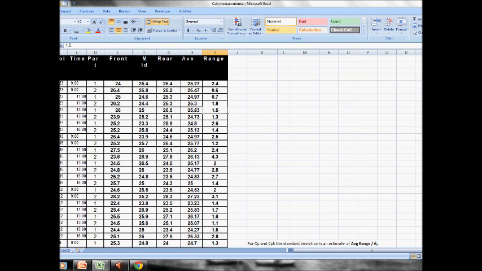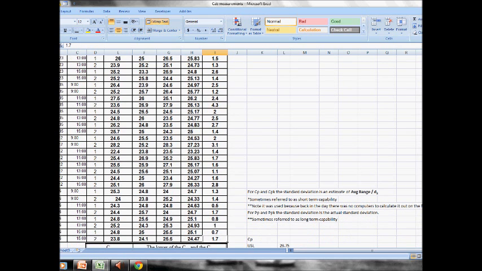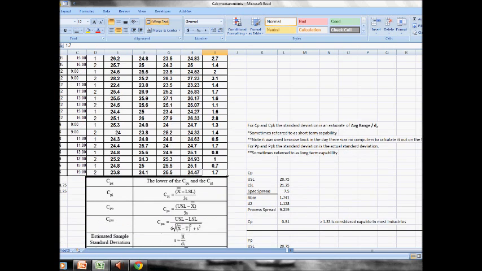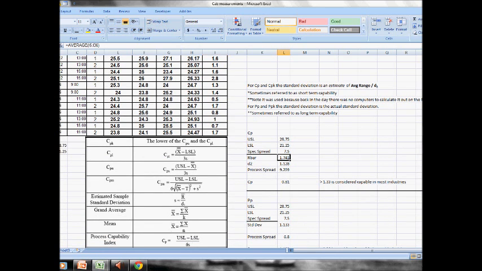Okay, each one of these represents an R, a range. But the challenge then becomes, okay, now you need the average range. So what you have to do is take the average of those ranges up there. Okay, that becomes your R bar. Bar just means average. And if you ever see a double bar or 2 bars on top of each other, that's basically the average of averages.